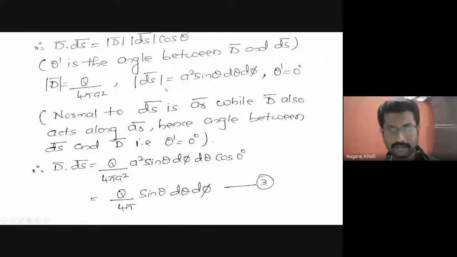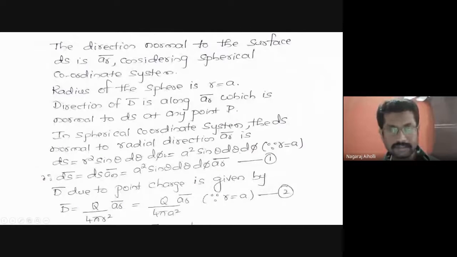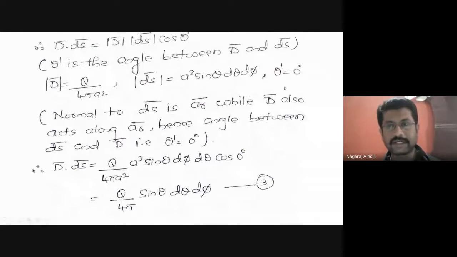Ds bar is a square sine theta d theta d phi, and theta dash is 0 degrees because the normal to ds bar is a_r bar, while D bar is also acting along a_r bar. Hence the angle between D bar and ds bar is 0 degrees.